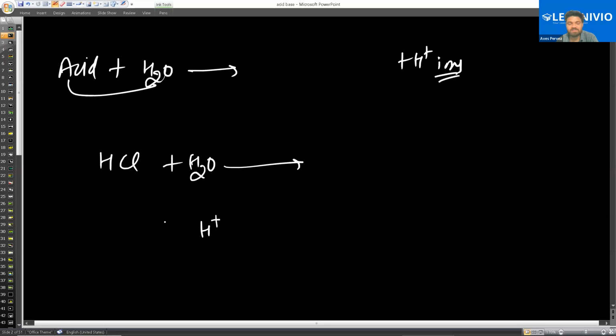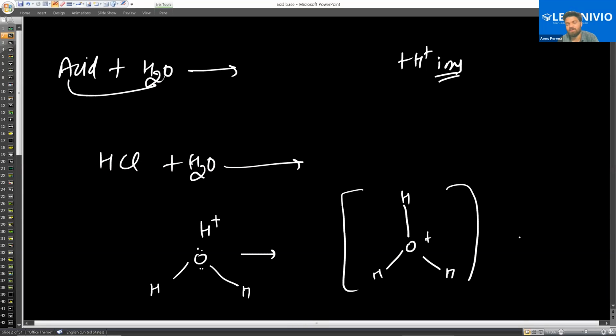This H plus ion gets attached to the water molecule, and when it attaches to the water molecule, it forms H3O positive, which we call the hydronium ion.